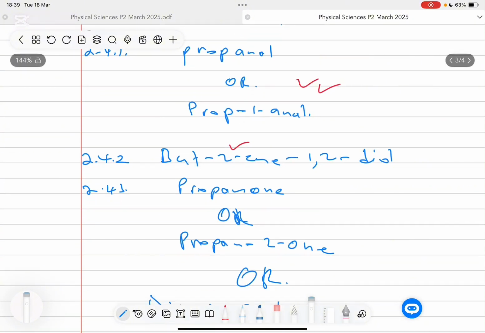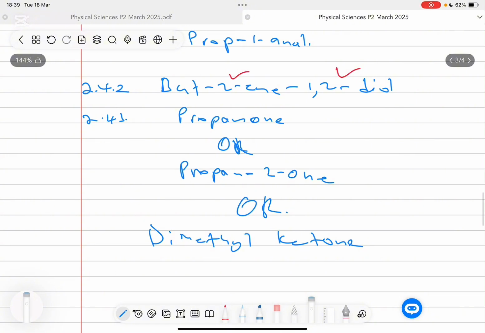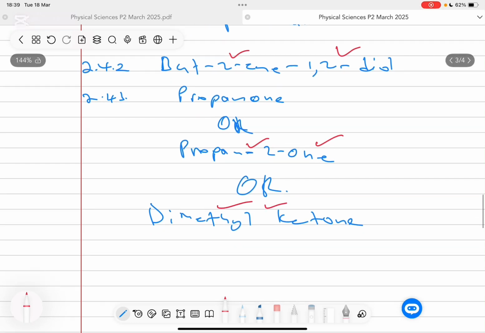So for this one, I think actually we will have another mark in terms of looking at your functional group. So the same is true here, 1 mark for number of carbons and your functional group, or just 2 marks for that. It will depend on which name you have right. We are going to then look at question 3.